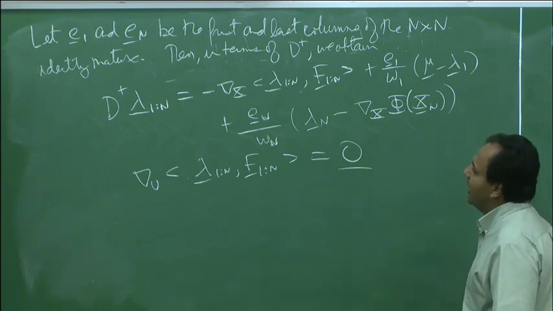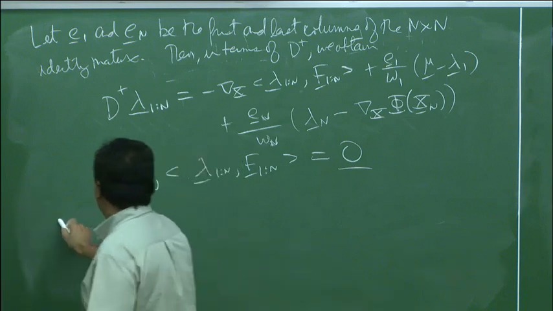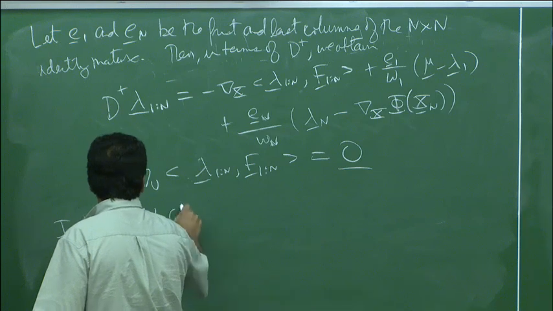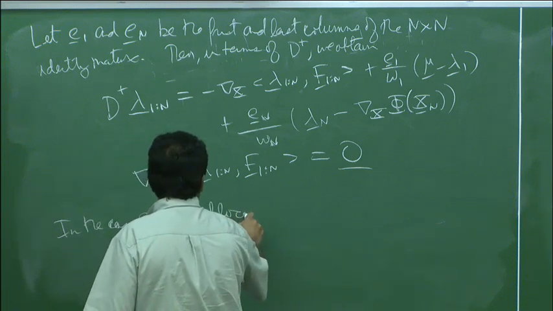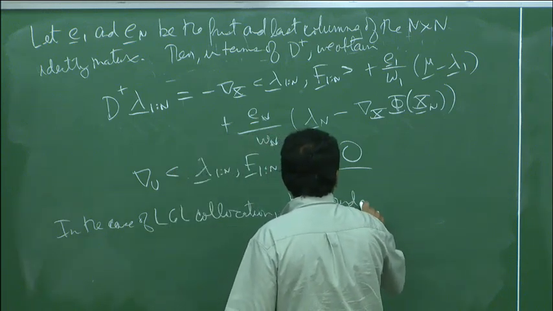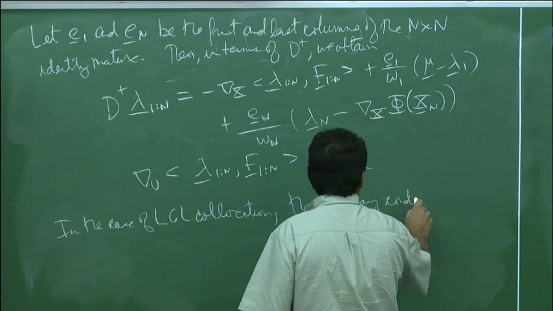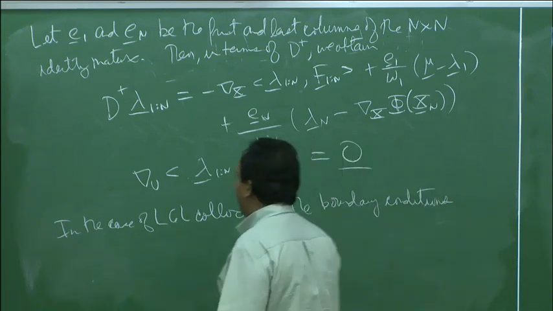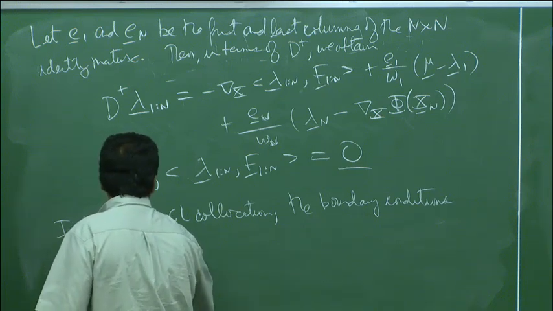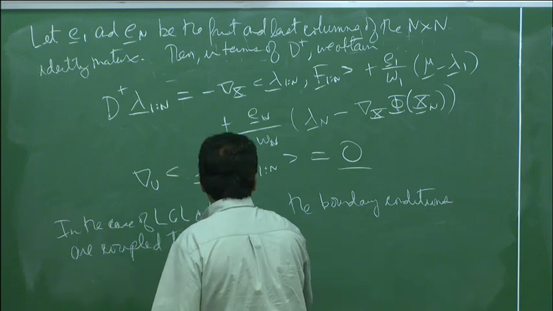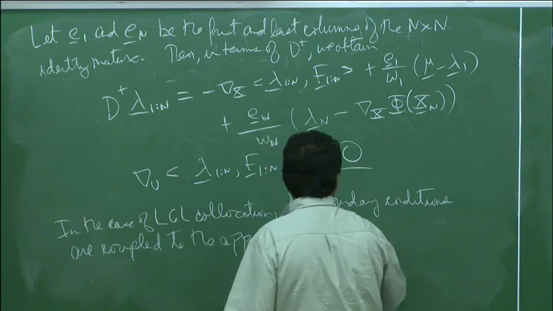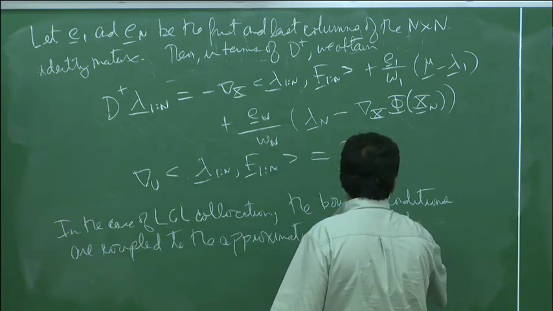So what happens in the case of Lobato is that, I'm going to write this down: in the case of LGL collocation, the boundary conditions are coupled to the approximation of the costate dynamics.